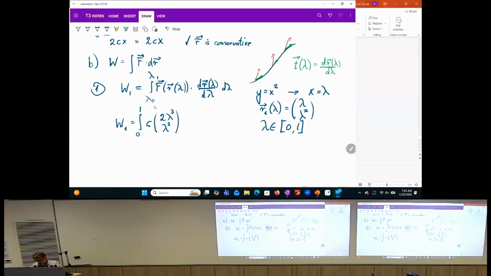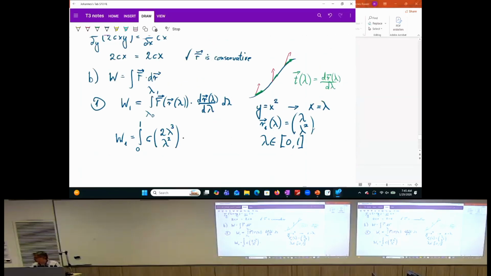And for the line segment, you take the parameterized version of the path, and you get the tangent by taking the derivative with respect to lambda. Lambda derived by lambda is just 1, right? And lambda squared gives you 2 lambda.